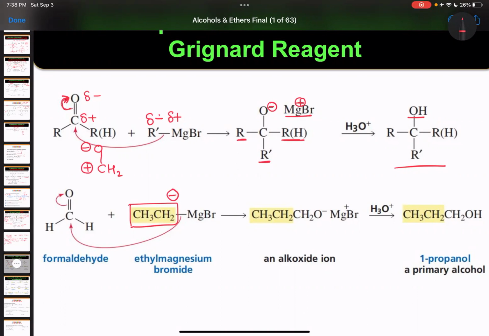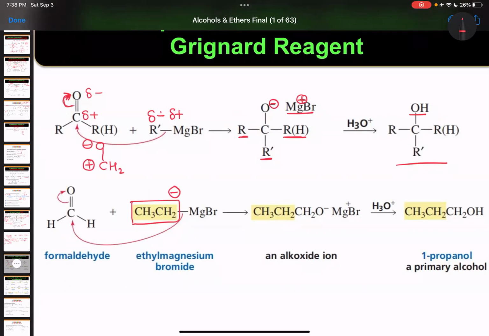The aldehyde can be considered as O minus and C plus. This minus is going to come in and join here. So you are going to have CH3, CH2, CH2 and O minus. The MgBr was plus, so put that MgBr with the O minus. That's what you are going to get. Put some water to neutralize this O minus and convert it to OH.